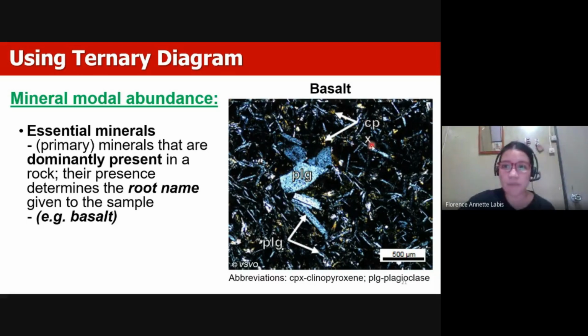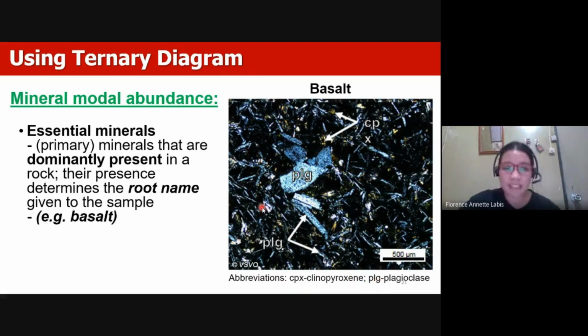And the clinopyroxene here are basically the minerals that are yellowish in color, these yellowish specks. So these are the clinopyroxene. Again, always remember the abbreviations: CPX for clinopyroxene and PLG for plagioclase.